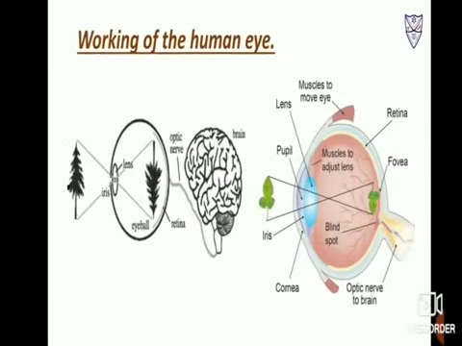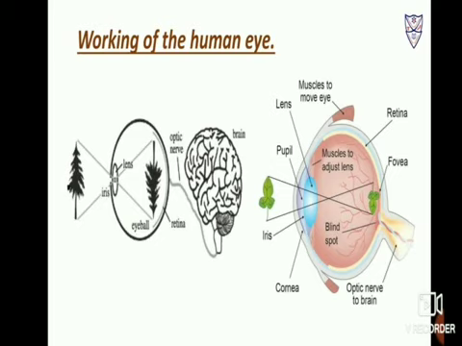Now students, let us discuss the working of the human eye. Light coming from an object enters the eye through the cornea and the pupil. When it enters the eye, the lens focuses the light rays to form an inverted image on the retina.